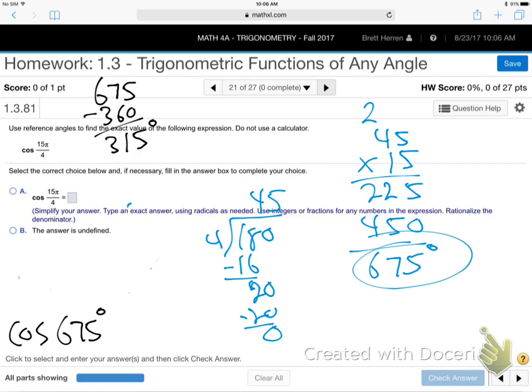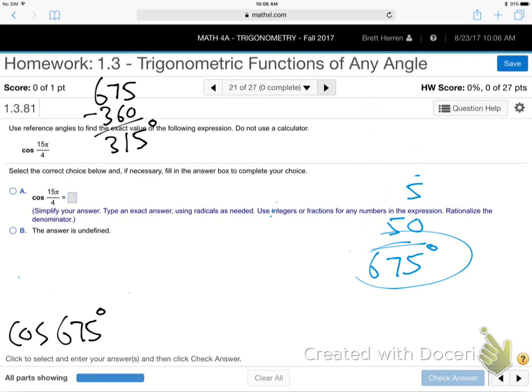And then see if you can find the cosine of that angle. Feel free to compare with those around you if you want.